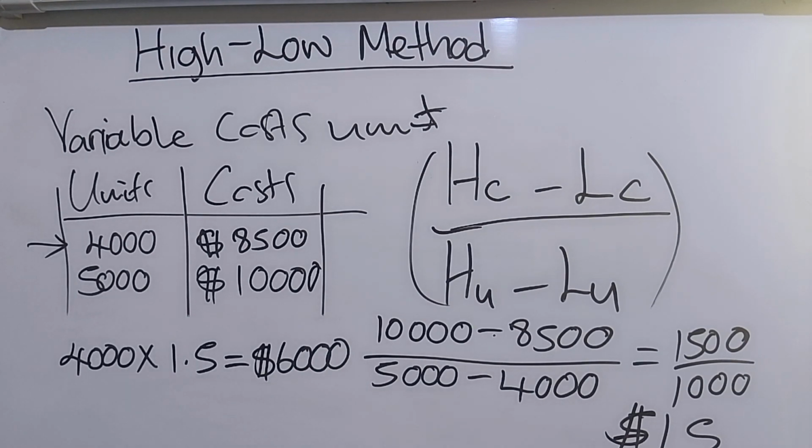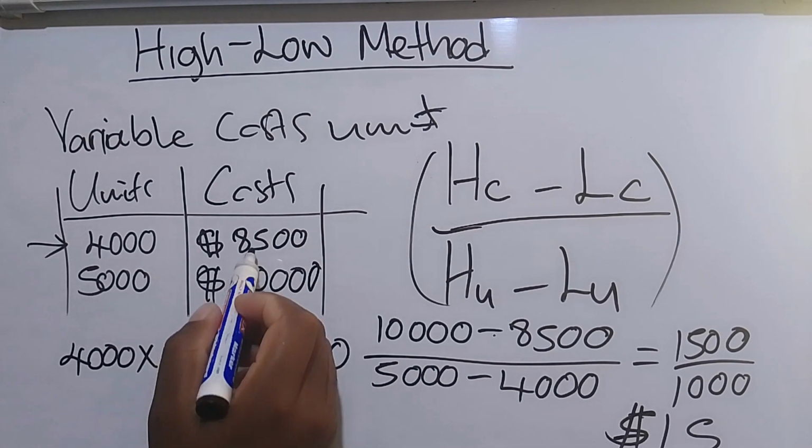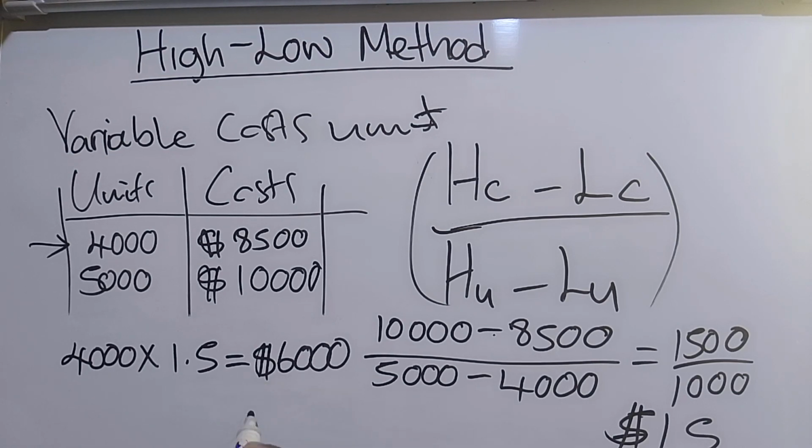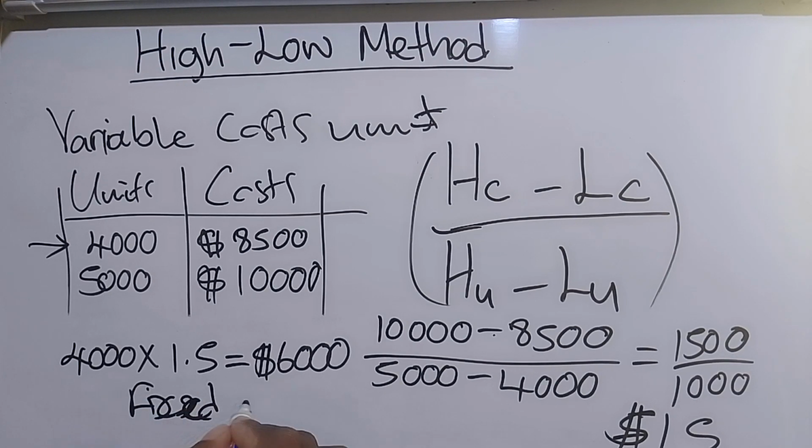So what it means is that the variable cost within this 8,500 is just $6,000, and it also means the remainder is fixed costs. So in this first scenario, our fixed costs will be 8,500 minus 6,000, which is 2,500.